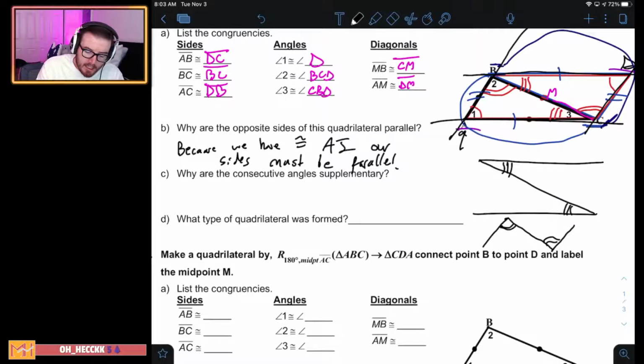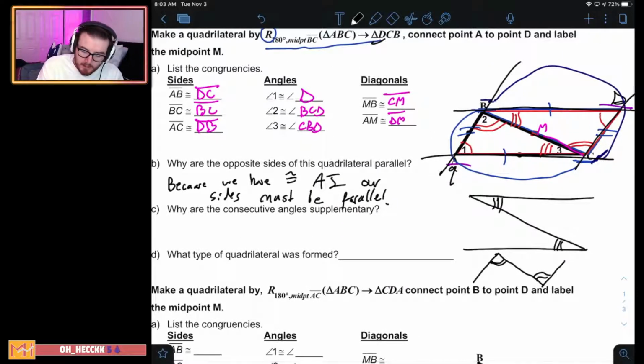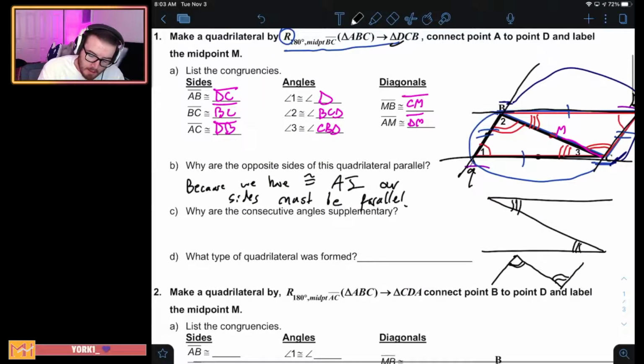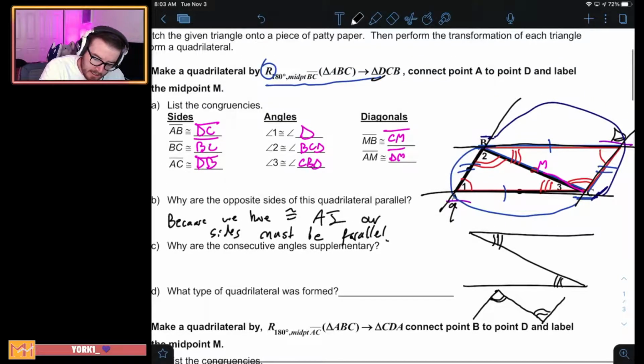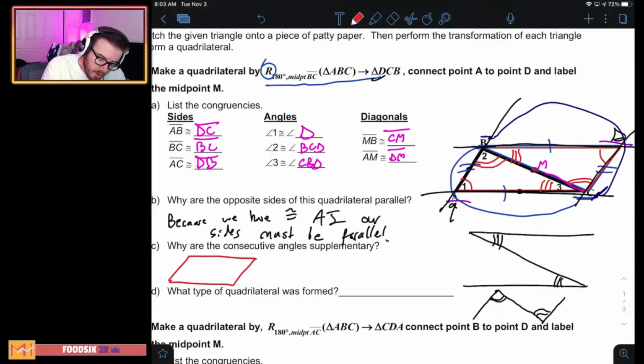Why are the consecutive angles supplementary? That question is asking us, when you look at your four-sided shape, why are this angle and this angle adding up to 180 degrees?